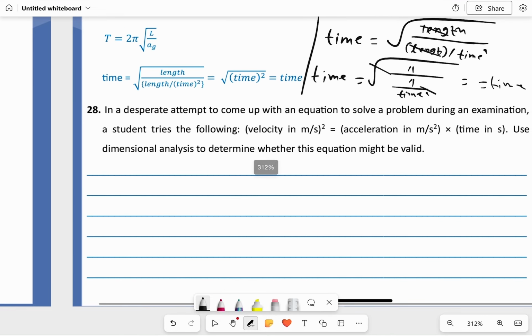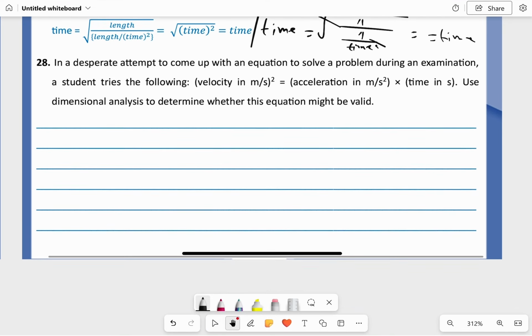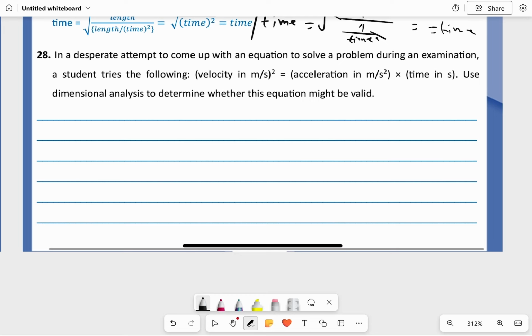Now in a desperate attempt to come up with an equation to solve a problem during an examination, a student tries the following. Velocity in meter per second is equal to acceleration in meter per second squared multiplied by time in second.